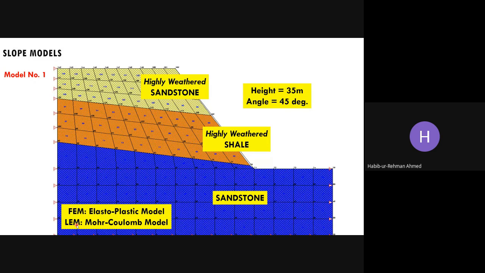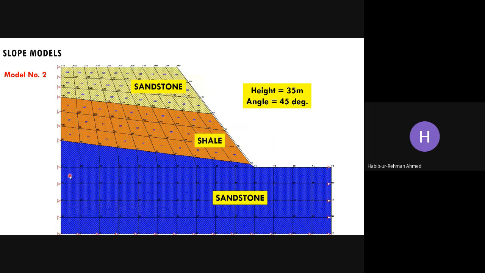All of you should have a good idea that whenever I say limit equilibrium for slope stability, it is the method of slices. There are different methods available, from the least to the maximum complexity. In model 2, I have sandstone, shale, and then again sandstone. Their weathering extent is lesser here, so I have higher shear strength parameters for sandstone and shale. The first one was the weaker model.